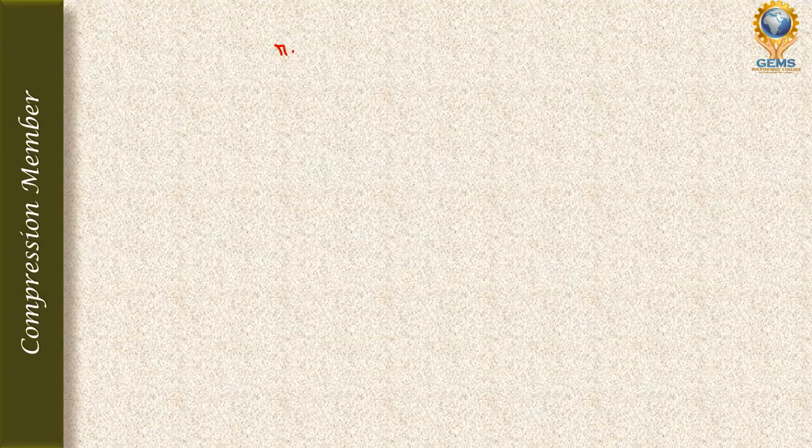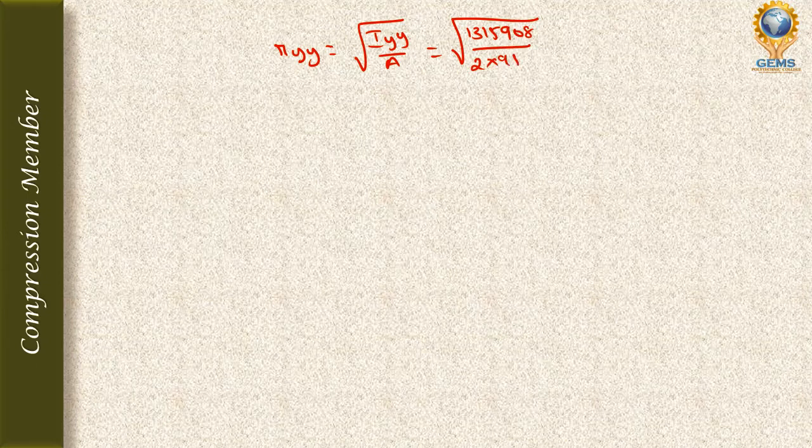Then RYY is equal to square root of IYY by A. That is equal to square root of 1315908 by 2 into 955. That is equal to 26.25 mm. So we have to find the R minimum.